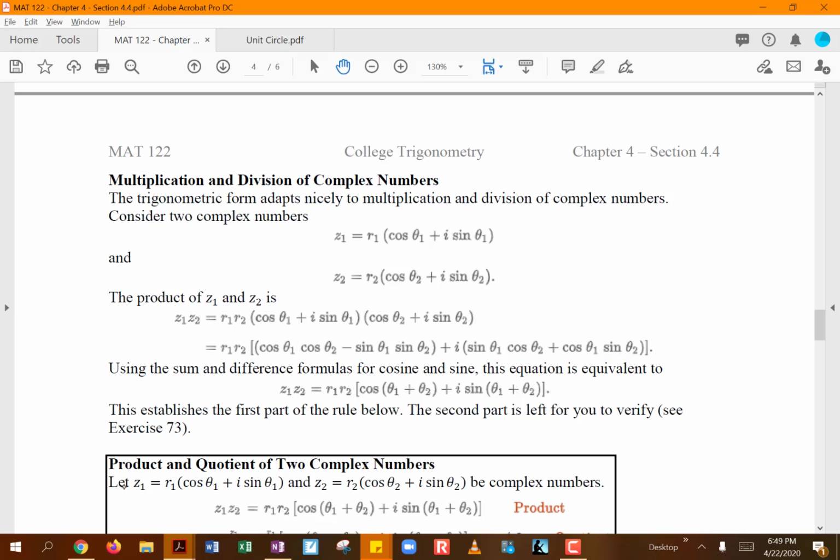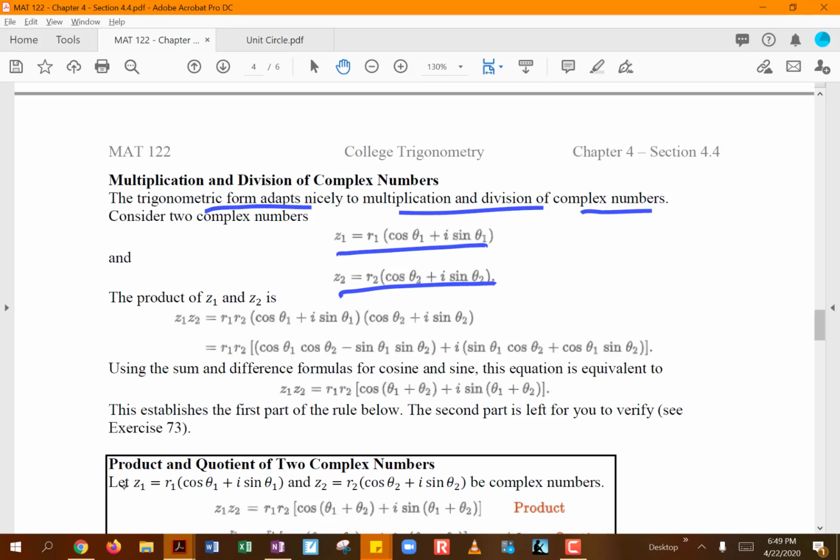Okay, now let's talk about what happens if we wanted to multiply or divide two complex numbers in their trigonometric form. So they are saying trigonometric form adapts nicely to multiplication and division of complex numbers. So let's see, these are our two complex numbers.